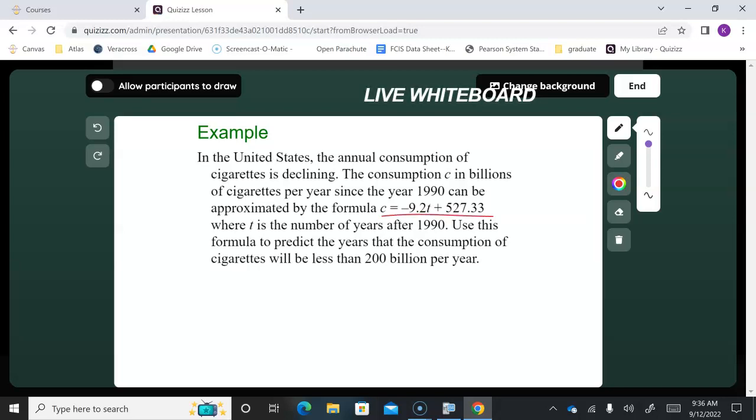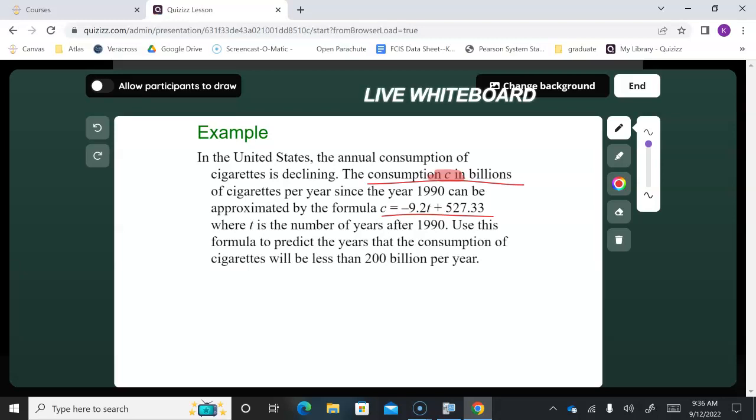So here I have a formula which measures consumption C in billions. Always make a note when they tell you what a variable represents. It's important to identify what that variable means. So they're telling us consumption is represented by the variable C, in billions.